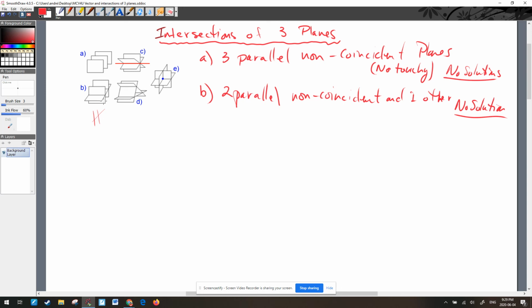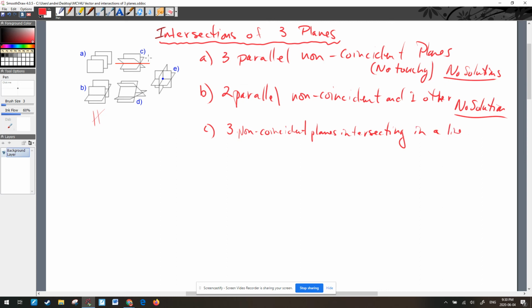Okay, and then the third case is three non-coincident planes intersecting in a line.